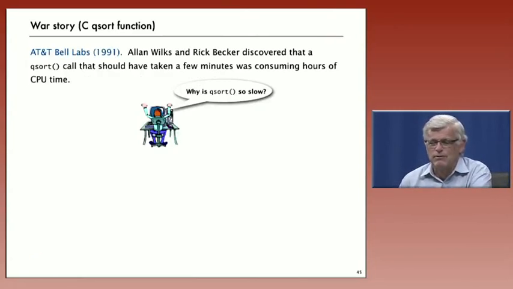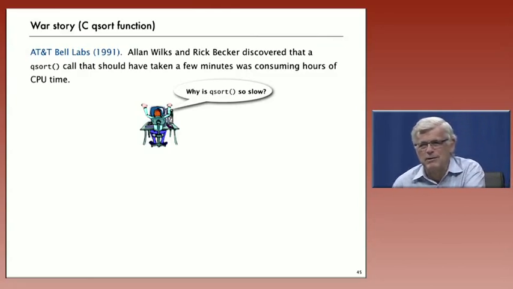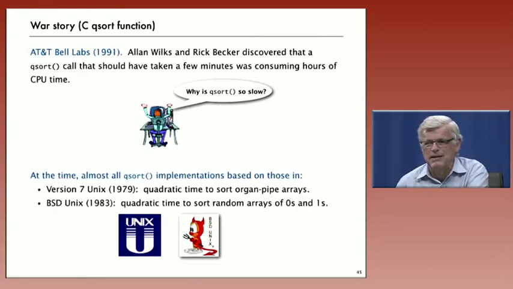Now, I referred to this idea of a good system sort. There was a good system sort that a lot of people used for many years. In 1991, there were some scientists at Bell Labs that were using qsort for a scientific problem, and they were used to it taking just a few minutes, and then they realized that it was taking hours of CPU time.